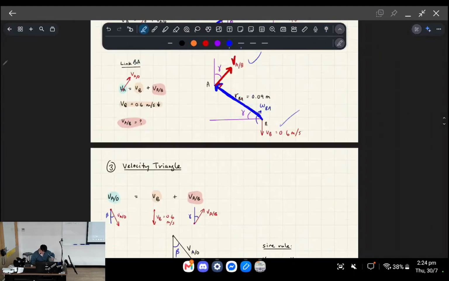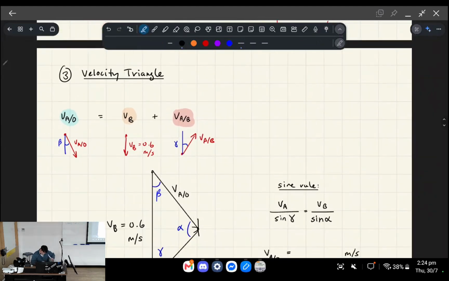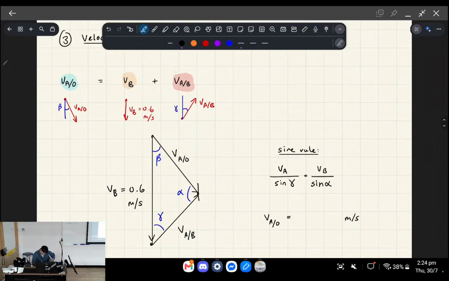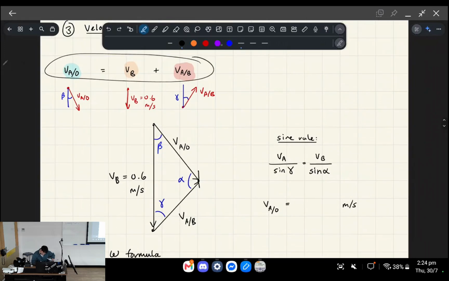That's the important thing, because when we set up a velocity triangle, we can set it up like so. This will be the triangle, and this is the graphical way to represent it. So with this triangle, the velocity vectors are basically coming off the same point.